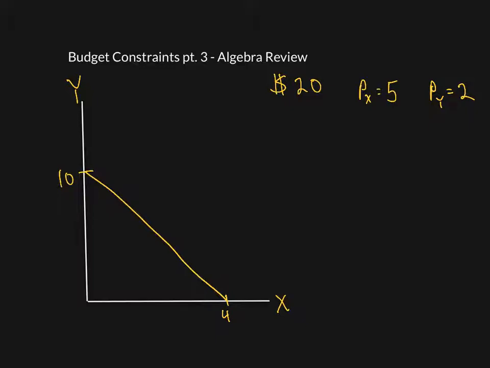Okay, but how do you translate this budget constraint into algebra? Well, the basic equation is fairly simple. You can define a feasible set or a budget constraint as the set of all X and Y combinations, bundles, that satisfy this equation: Px times X plus Py times Y must total the monthly budget.